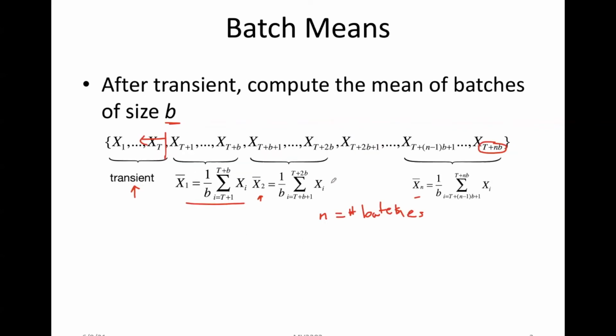Okay, so the idea now is that we have these N observations, which themselves are means. So we now have N of these, and each one is the mean of these batches. And again, if we've taken our batches big enough, these are approximately uncorrelated.